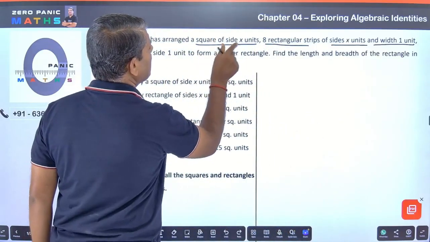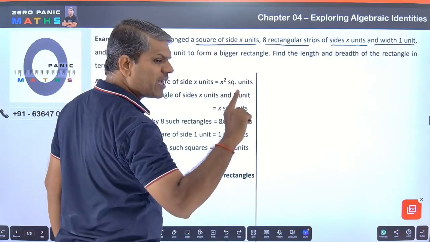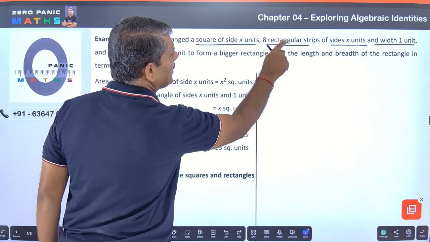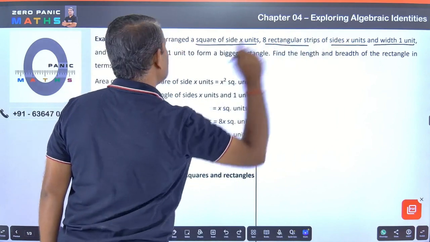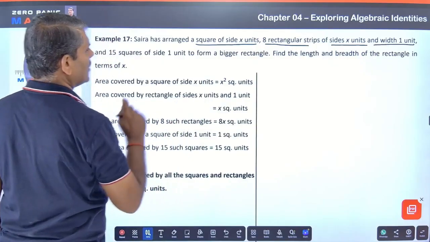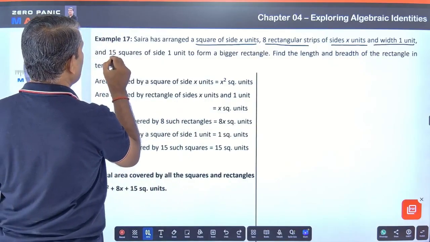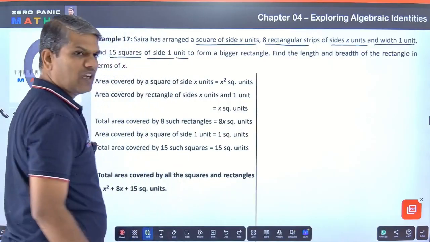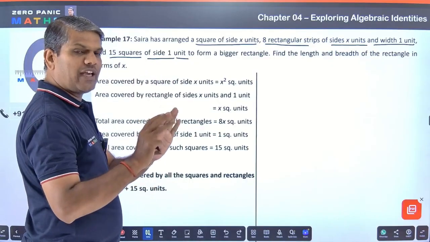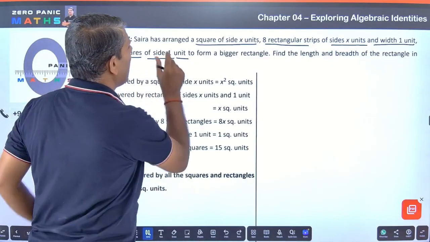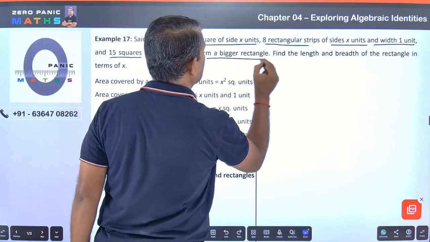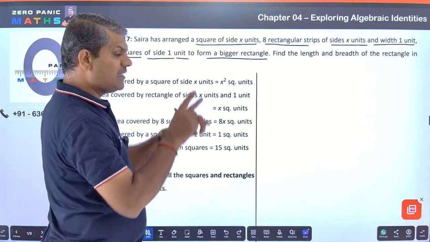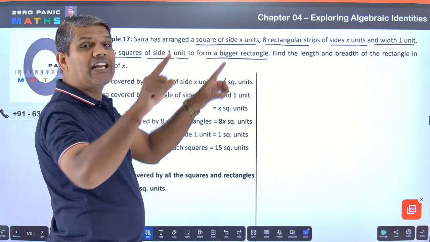And finally, 15 squares of side 1 unit each. Combining all these squares and rectangles, she has formed a bigger rectangle.